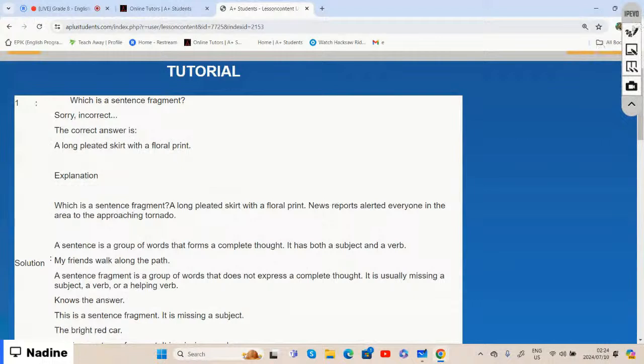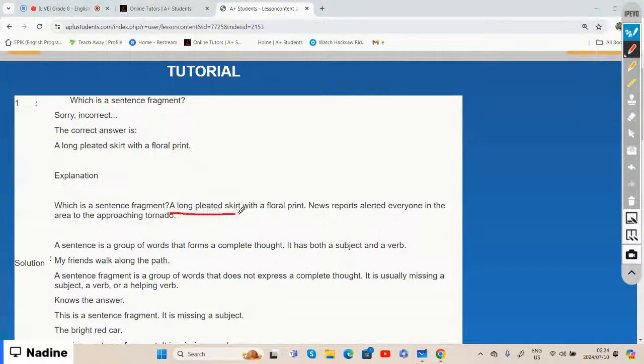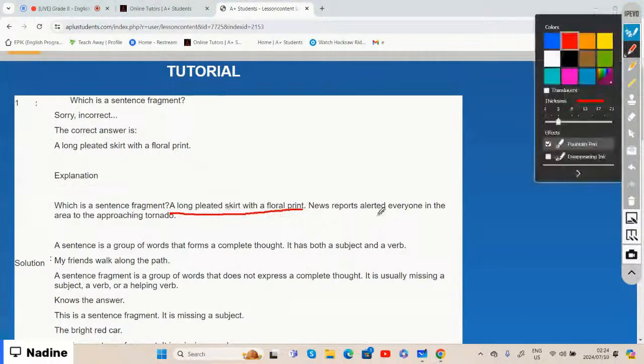So we need to choose which sentence is a fragment. Do we say a long pleated skirt with a floral print is a fragment? Or do we say news reports alerted everyone in the area to the approaching tornado?